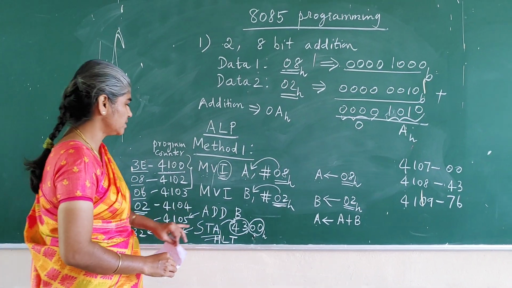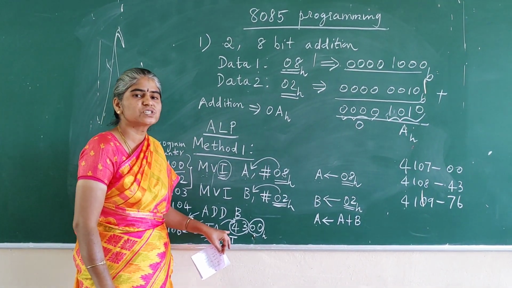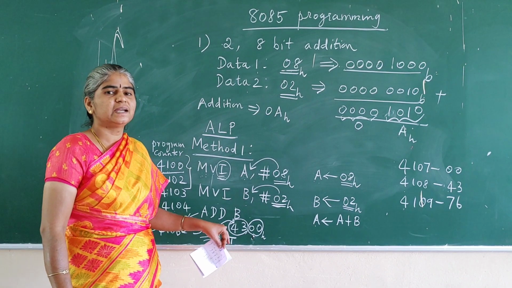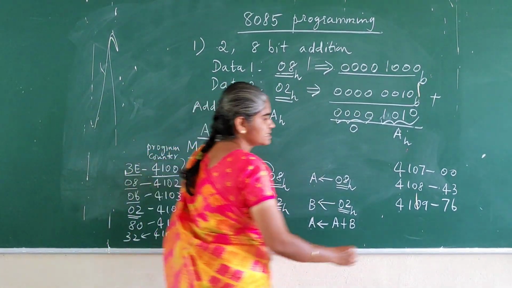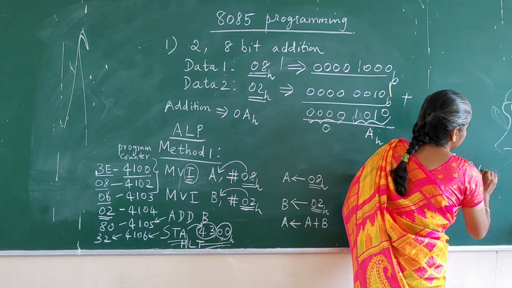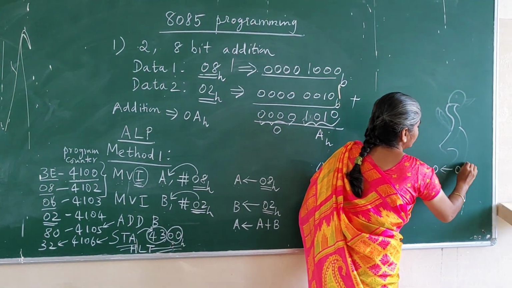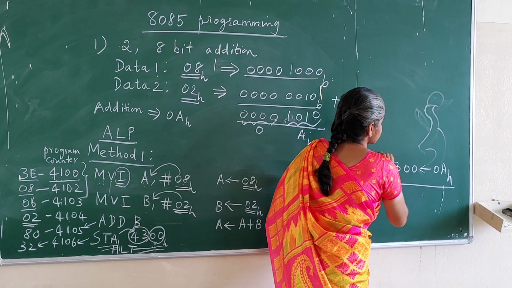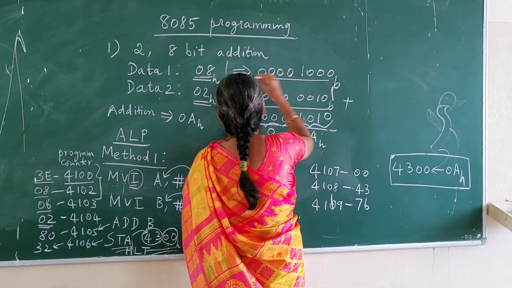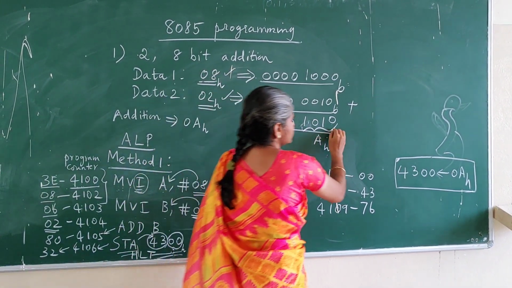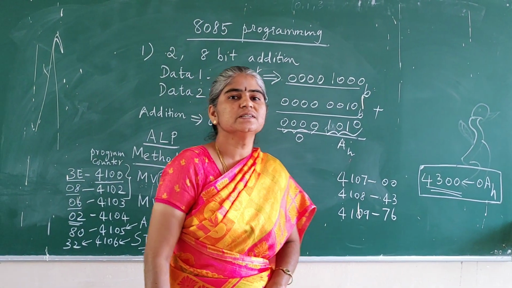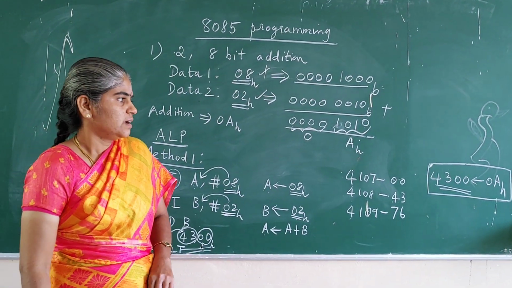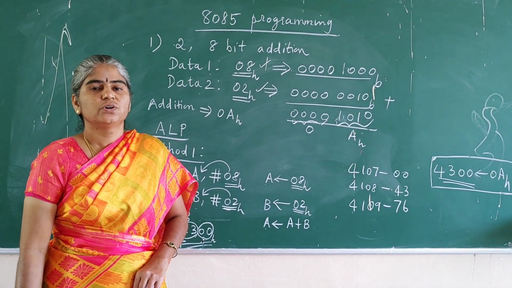At last, the final result shown by the 8085 microprocessor circuit in output address 4300 is 0A, because the addition of 08 and 02 is 0A. So this 0A value is stored in the 4300 address.